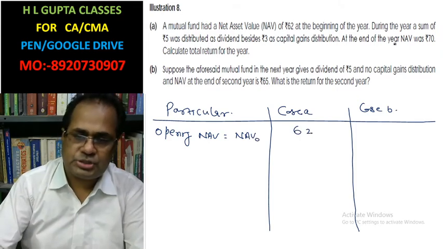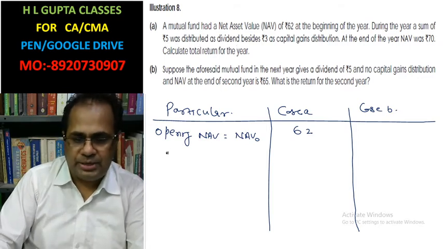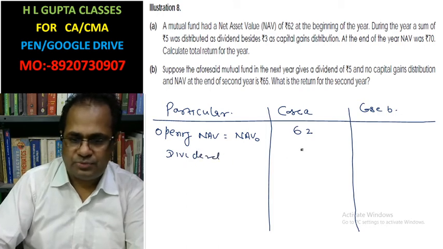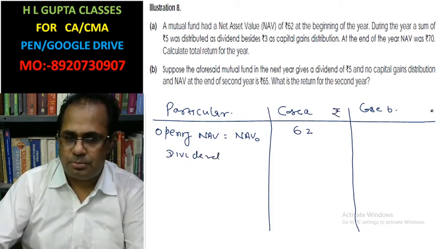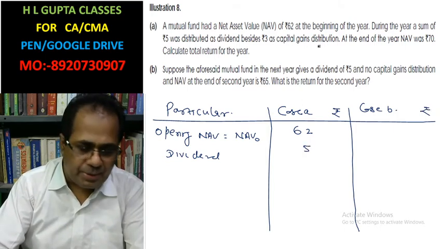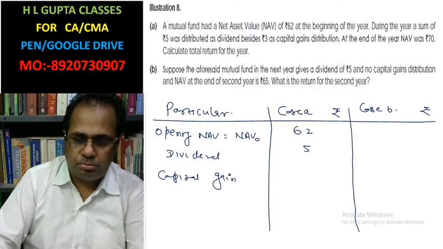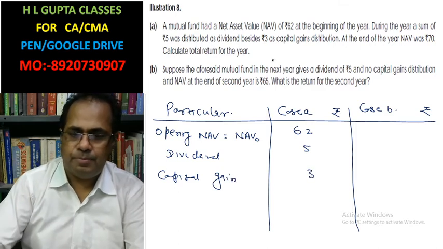During the year, a sum of rupees 5 was distributed as dividend. This is in rupee terms, this is 5. And rupees 3 capital gain distribution. Capital gain is rupees 3.